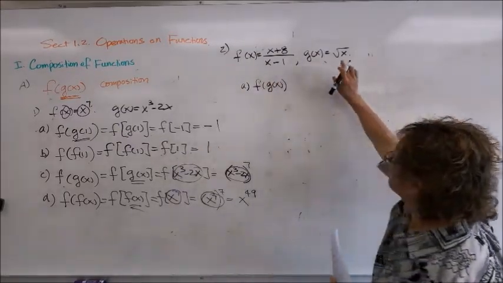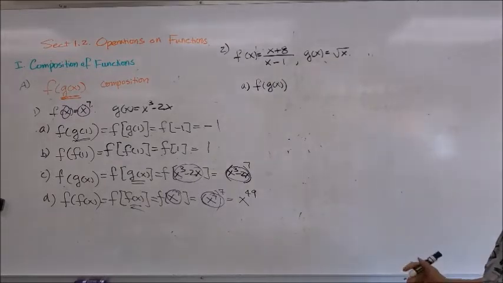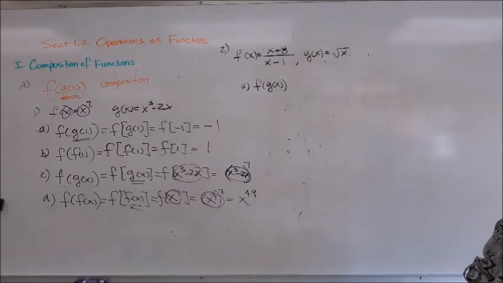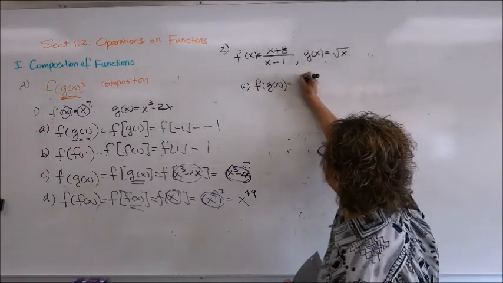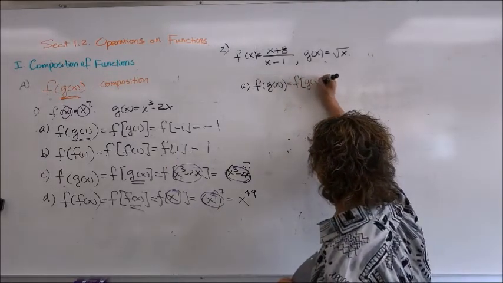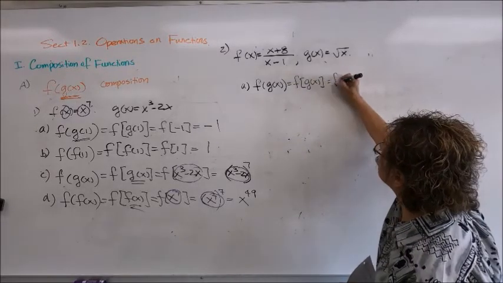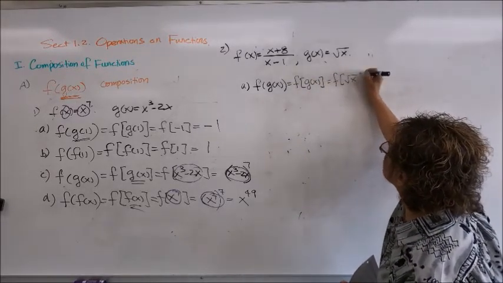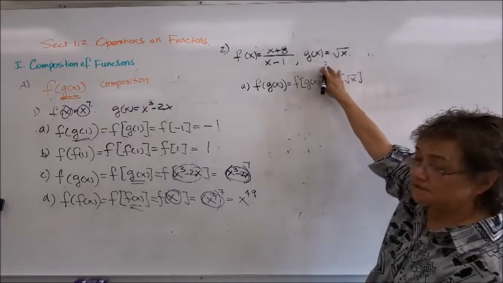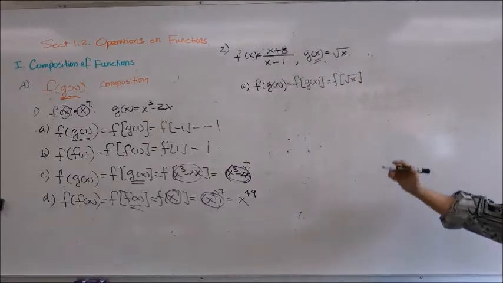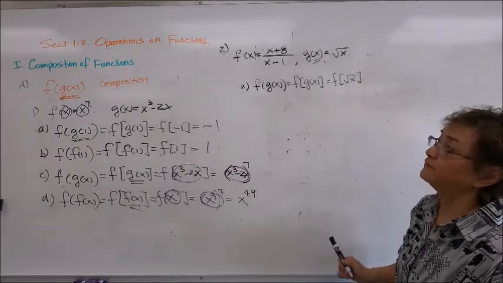That means you do g of x first, then you put it into f and see what happens. So you always rewrite it so you know what to do. That means we are going to do that first. That's the square root of x. g of x says, whatever x you give to me, I'm going to square root it. Then you put it into f.